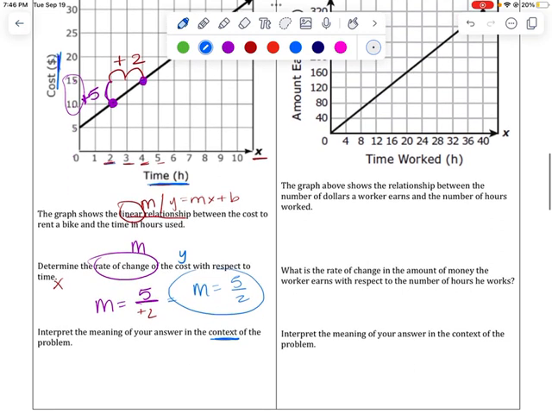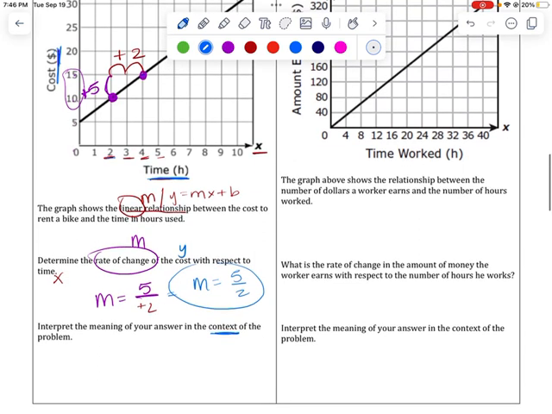So then every hour, if I'm just moving 1, that's just going to be whatever 5 over 2 is, $2.50. Okay? So the slope really is giving me, right here, slope is the cost of renting a bike for an hour.